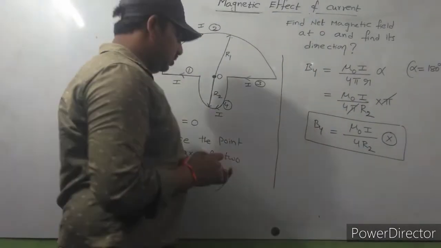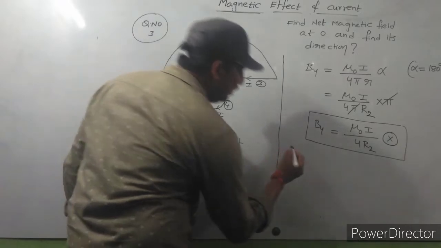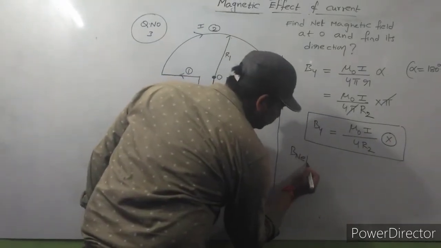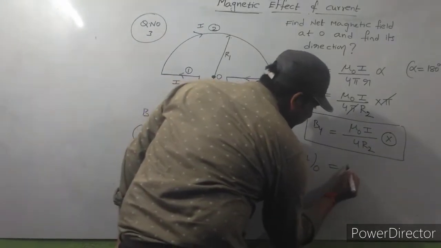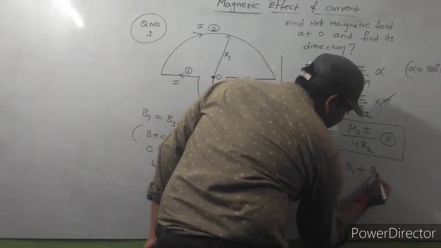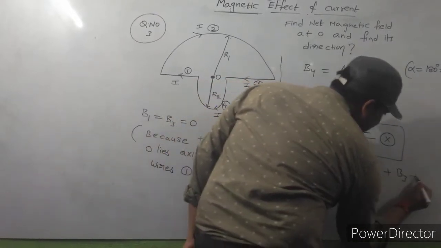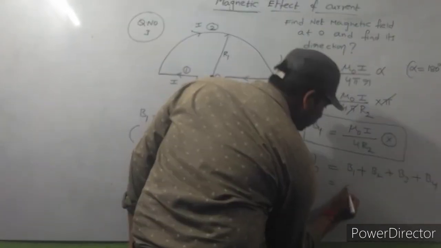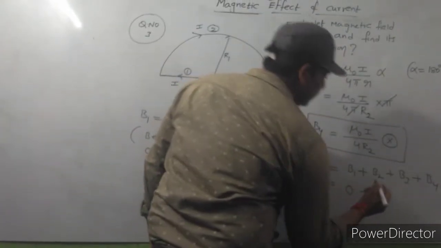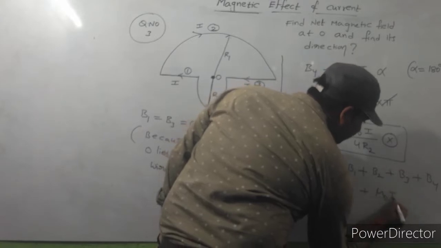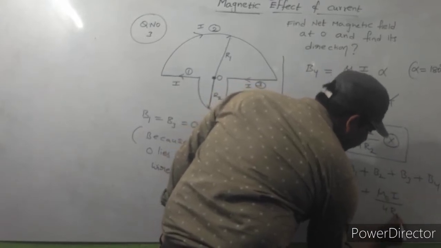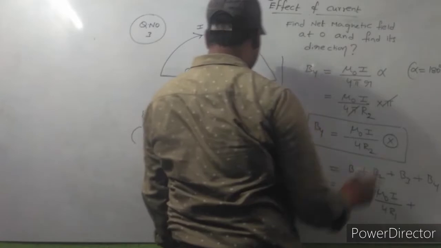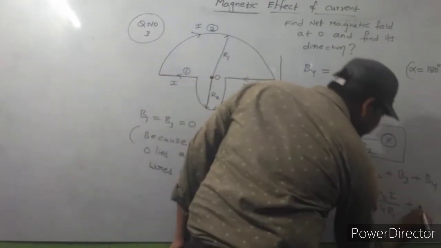Then the total net magnetic field at O is equal to B1 plus B2 plus B3 plus B4. B1 value is 0. B2 value is mu naught I by 4 R1. Next, B3 value is 0.